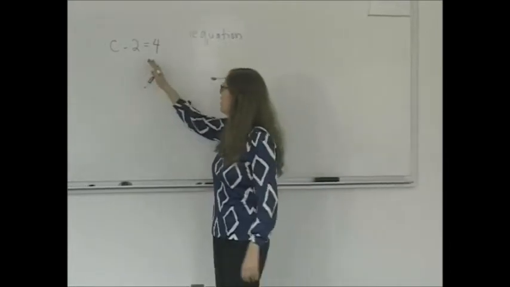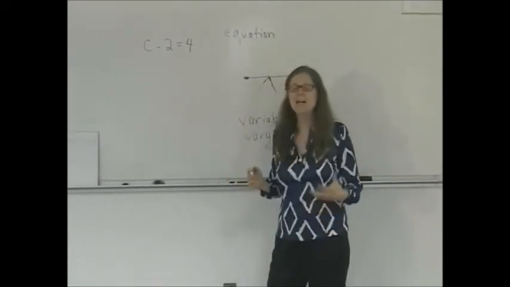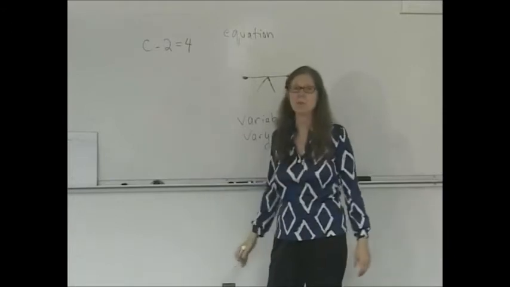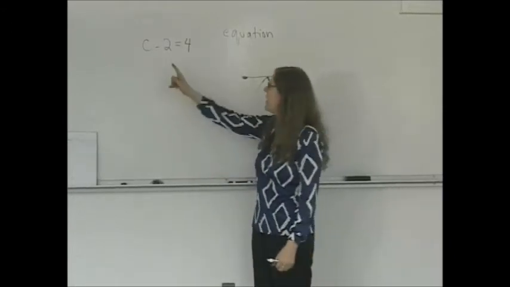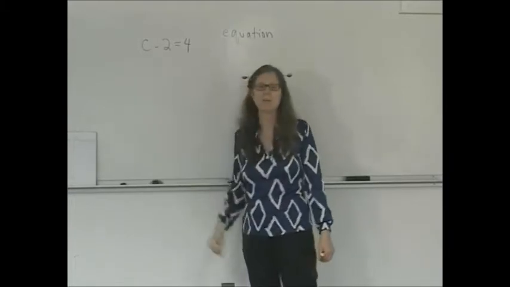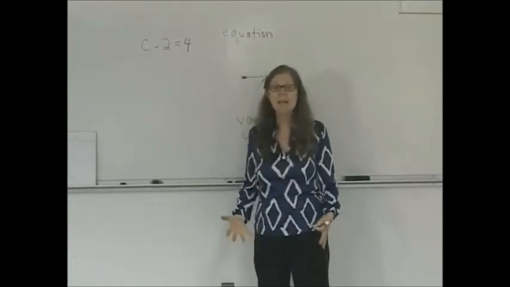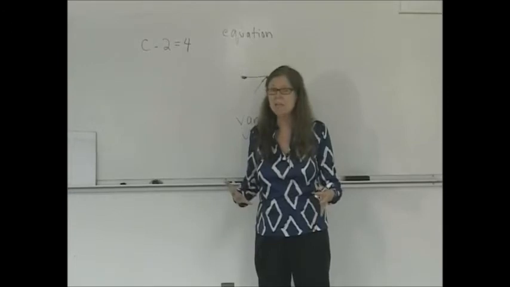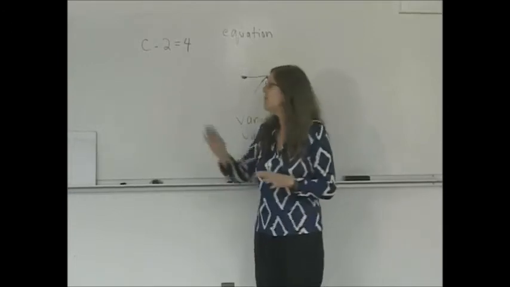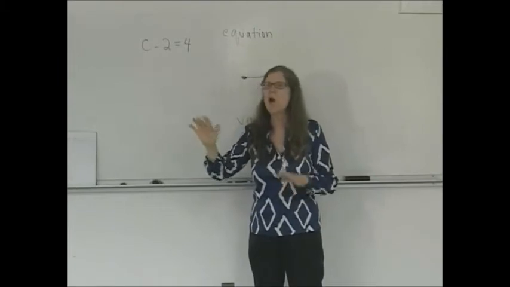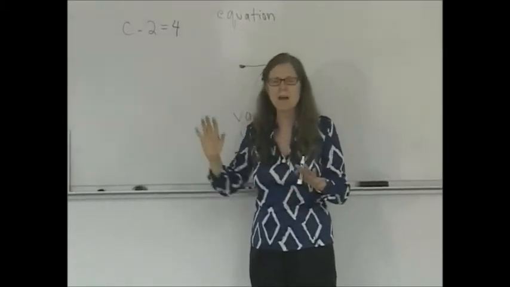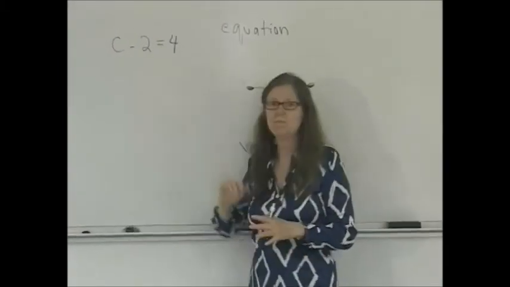So here, what I want to do is say C equals some number. What math teachers often say is, I want to isolate the variable on one side. Isolate means if a person is isolated, they're all by themselves. If a variable is isolated, it's on one side of the equation with nothing else there except the variable.